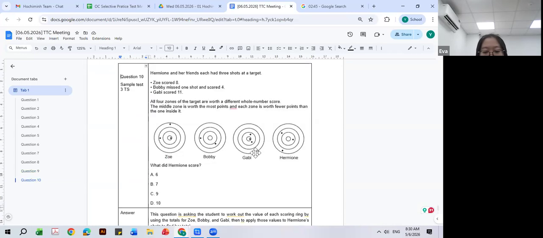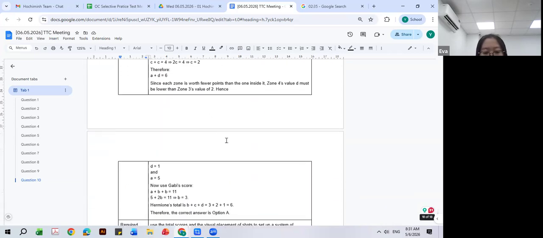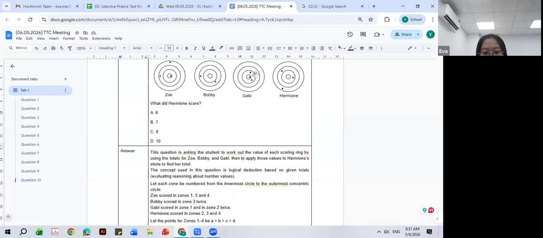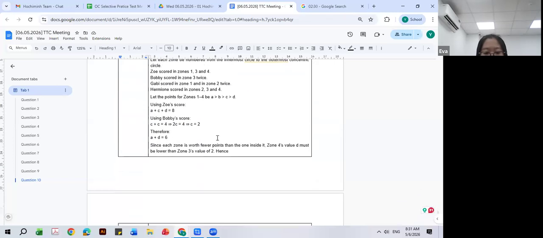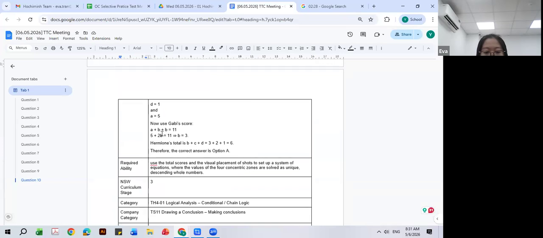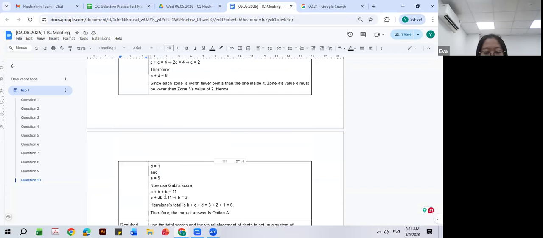Then we will check Gabby's score. Gabby's score is 1 point at the first region and 2 points at the second region. So we have A plus 2B. And we have A here, we find A is 5. And B, we will find from this equation is 3.